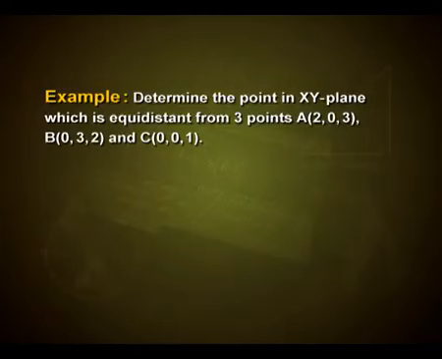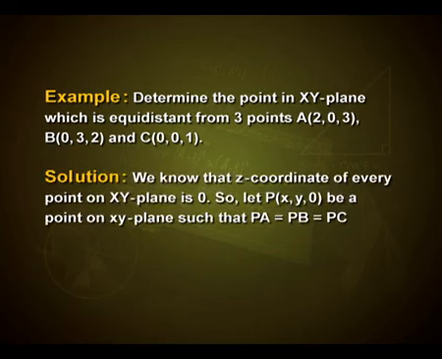Determine the point in the xy plane which is equidistant from 3 points, namely A(2, 0, 3), B(0, 3, 2) and C(0, 0, 1). We know that the z coordinate of every point on the xy plane is 0.